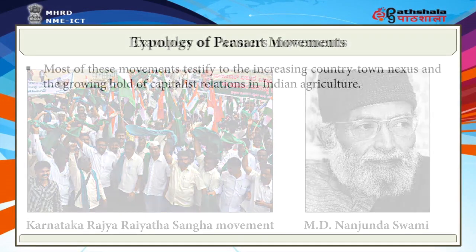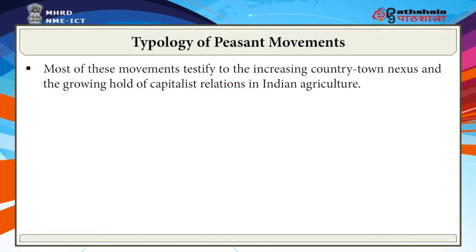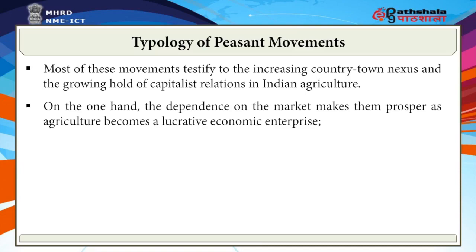Most of these movements testify to the increasing country-town nexus and the growing hold of capitalist relations in Indian agriculture. On one hand, the dependence on the market makes them prosper as agriculture becomes a lucrative economic enterprise.